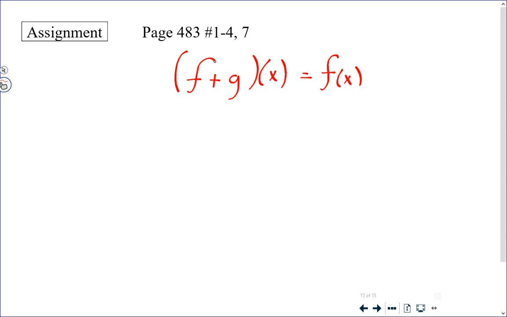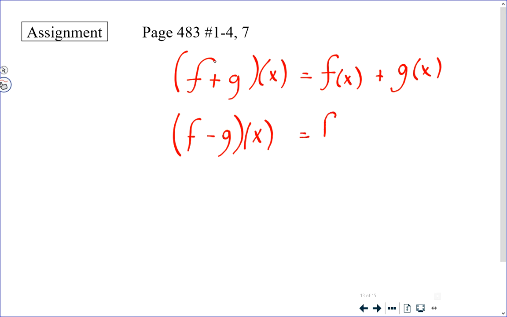That's it. It's not a long lesson, but it can be a little bit slippery to wrap your head around. First of all, you need to know that f plus g of x means f of x plus g of x. And that, I don't think that's a problem. And f minus g of x means f of x minus g of x.